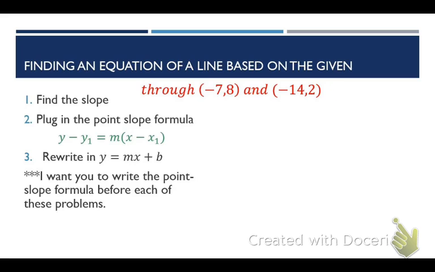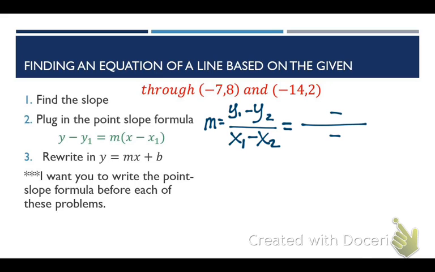The slope formula looks like y1 minus y2 over x1 minus x2. I'll write it over here. I'm going to label my points x1, y1, and then my second point will be x2, y2.